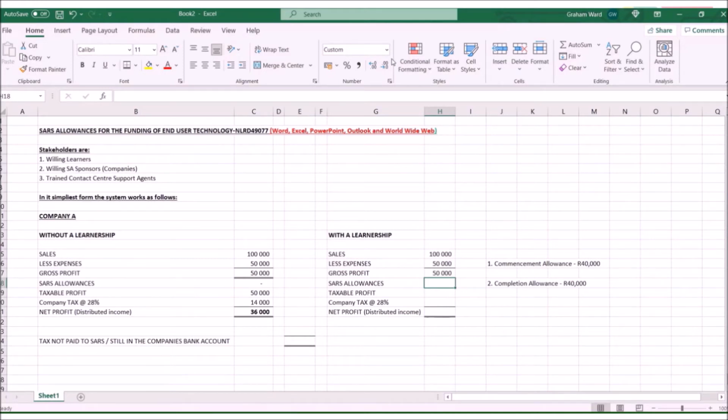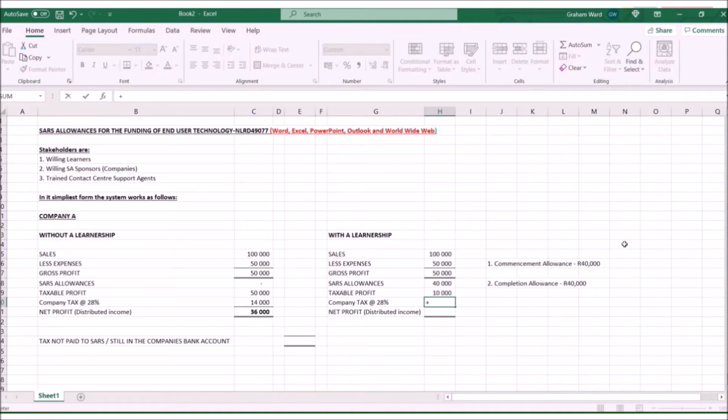SARS allows 40,000 Rand as a commencement allowance at the beginning of the learnership, and then on certification, a further 40,000 for a able-bodied person. So we're going to put in the SARS allowance here, 40,000 to commence with. Therefore, their taxable income would be 50,000 minus the 40,000. Their taxable profit is now 10,000.